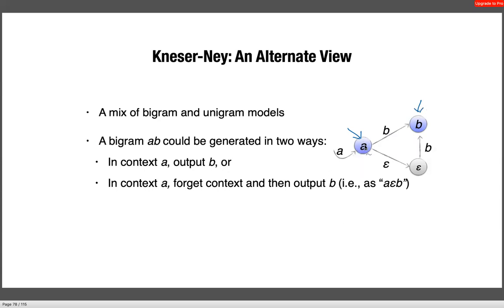That is, I'm in context A and I output B, or I'm in context A, but then I forget the context. Okay, I see some other token.